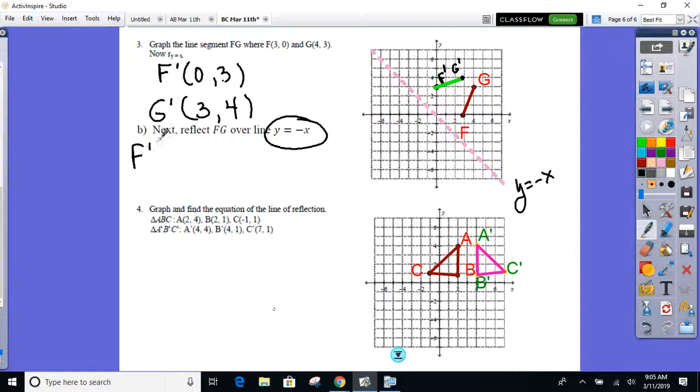So 3, 0 is going to become, flip and negate, 0, negative 3.